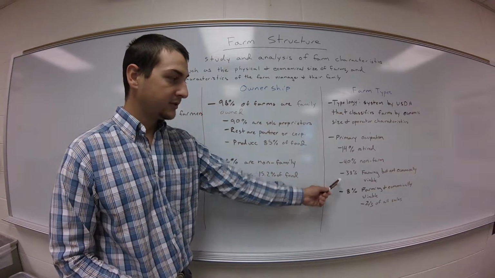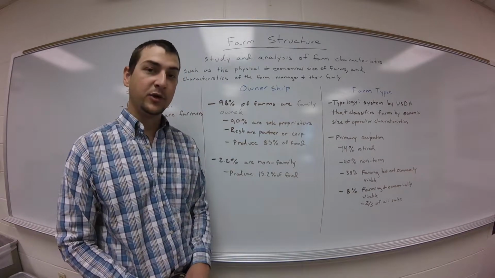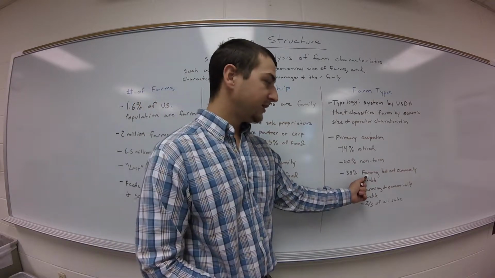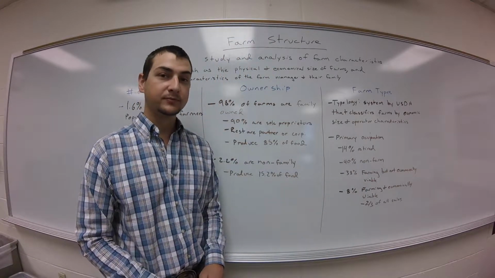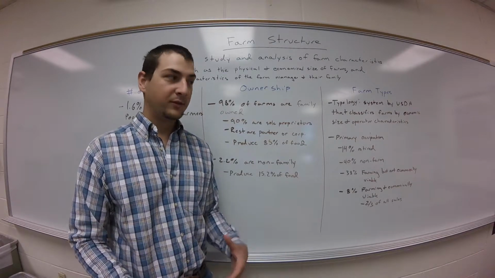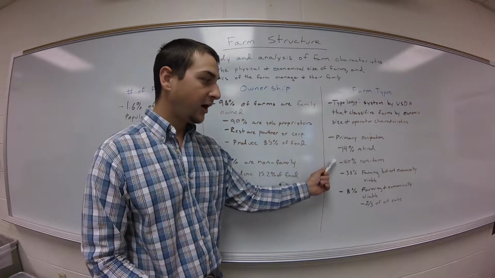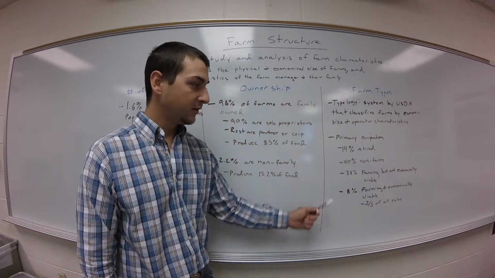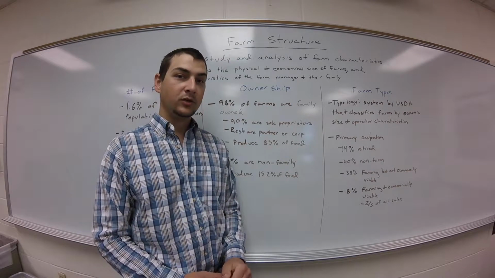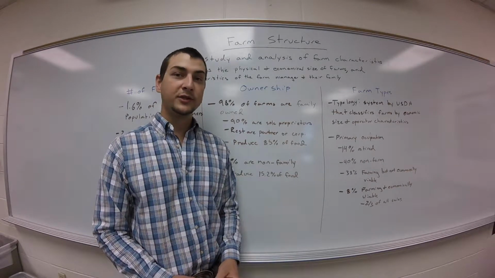Now, something else. 38% of the people that responded to this study said farming is their primary occupation. That's a great statistic. That means we have a lot of farmers. It means that the majority of them are not just hobby farmers. But here's the kicker. The amount of revenue that they bring in would be, I think it was $250,000.